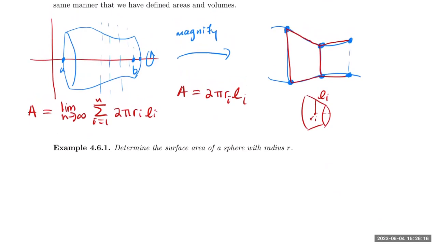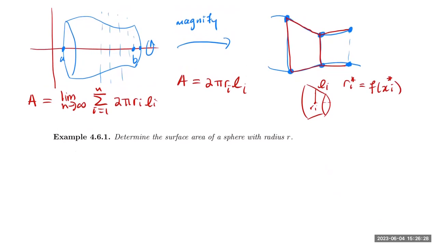So that means each Ri star is just going to be the function f of xi, similar to how we defined the volume. And each length is just going to be the arc length, which is something that we had talked about earlier. So that's just going to be the square root of 1 plus f prime of xi star, whole thing squared, times delta x. So let's go ahead and put that in.